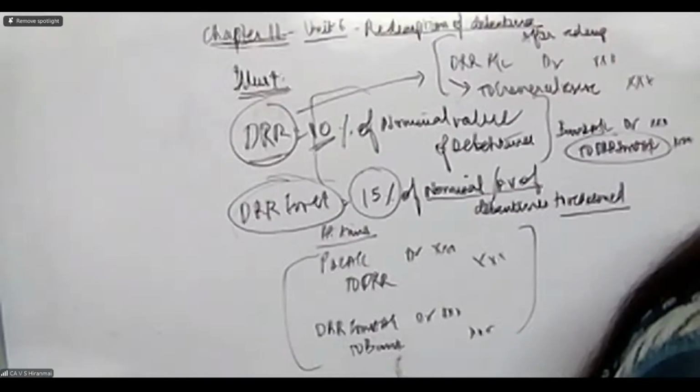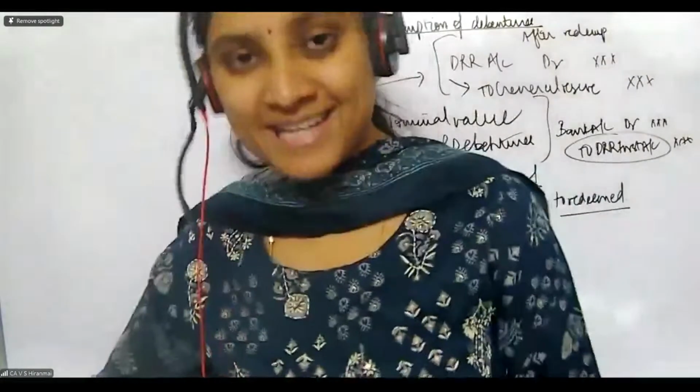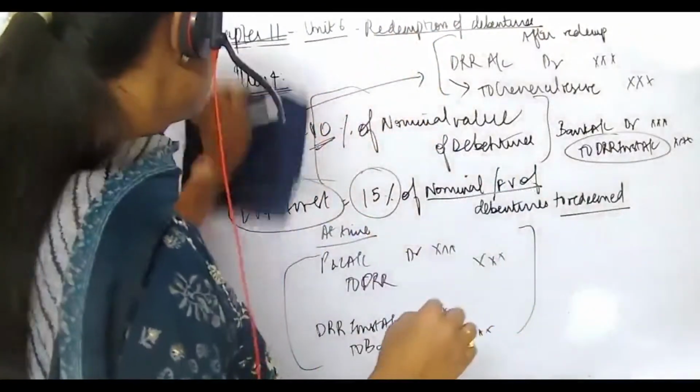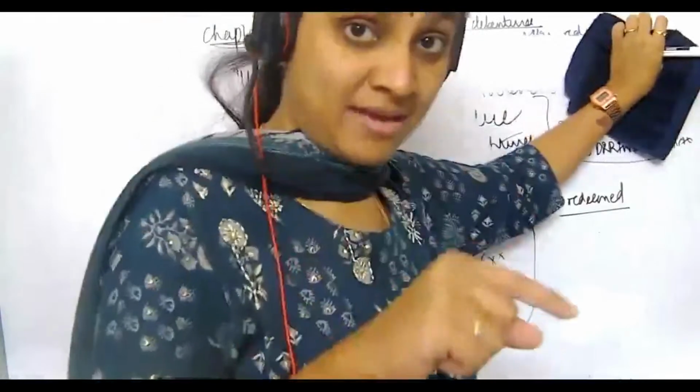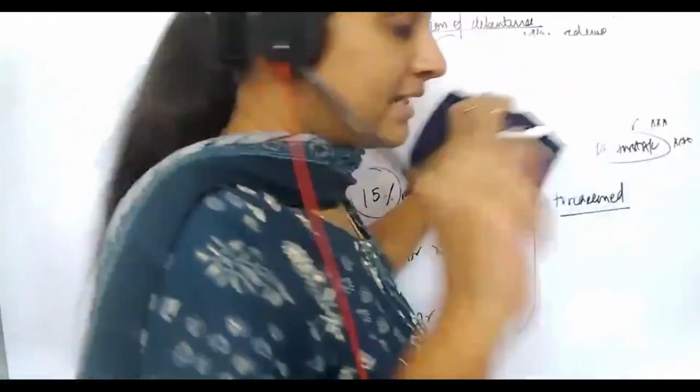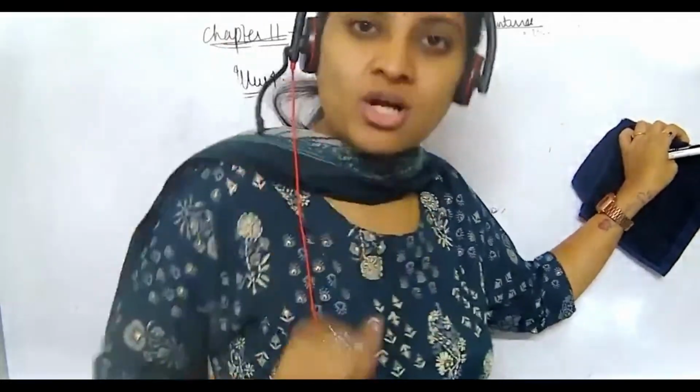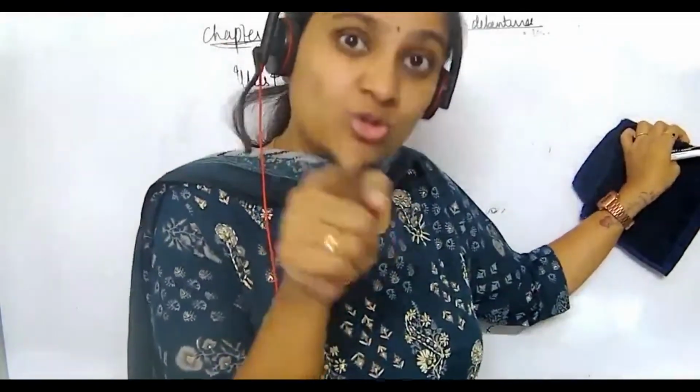Now I will just show you on the board what they are telling you. This is B Company Limited, and in the brackets they have given other than an AIFI, banking company and HFC. The meaning is these 3 companies need not create DRR. But I taught you, you should create DRR.